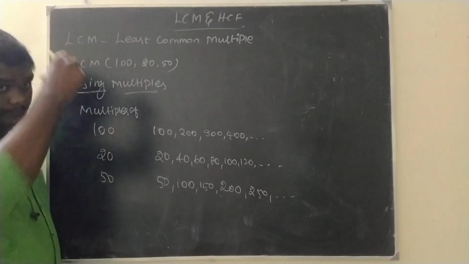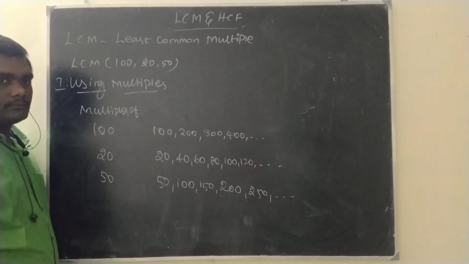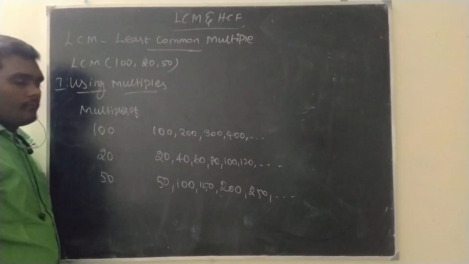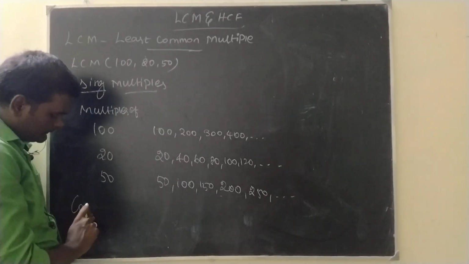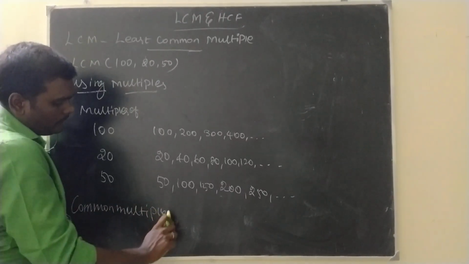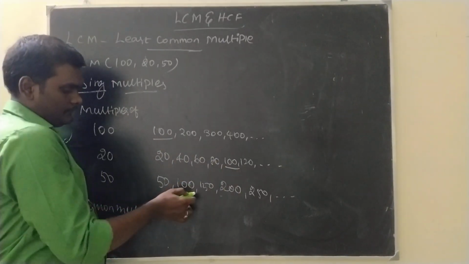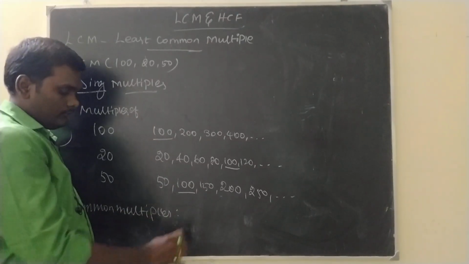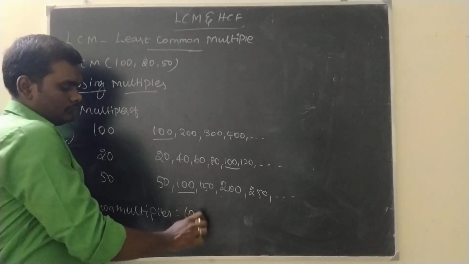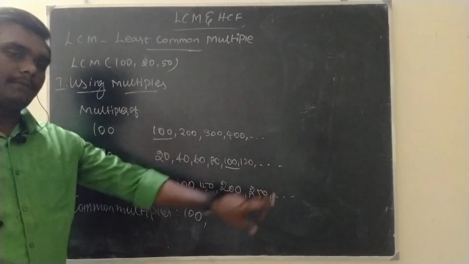Okay. And then on these multiples, what are all the common multiples? Look out for the common multiples. Is this 100 the same? 100 is common or not? Yes. Likewise, if you proceed further, 200 will come or not?